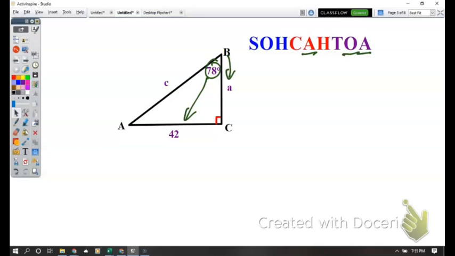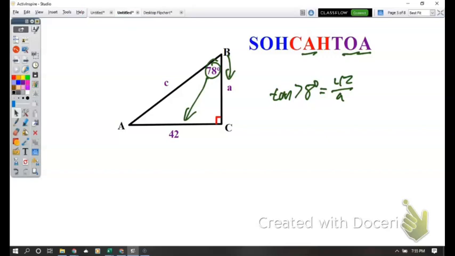All right, so let's set this up. So we have tangent. Tangent of what? Tangent of our angle. So tangent of 78 degrees equals my opposite, which is 42, over my adjacent, which is A. There we go.